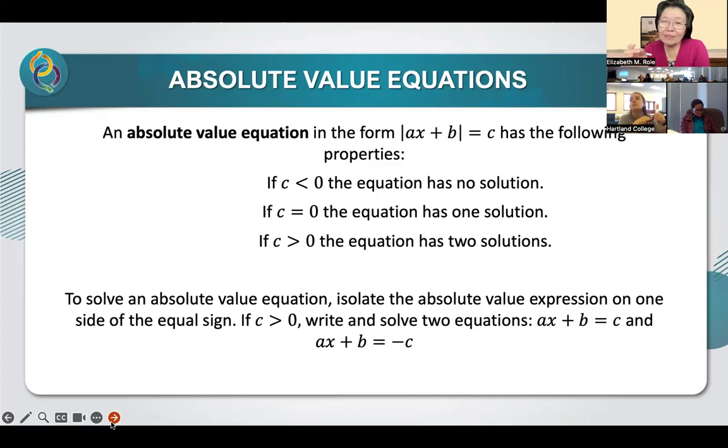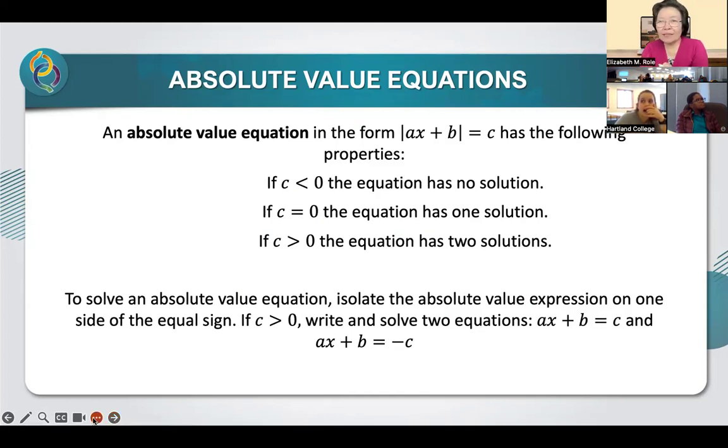If c is equal to 0, the absolute value of ax plus b is equal to 0, then you just have ax plus b is equal to 0, and you'll have one solution. But if your c is greater than 0, you will have two solutions because you will have to equate your ax plus b to c and to negative c. Okay, anyway, that one will be clear as we move on.